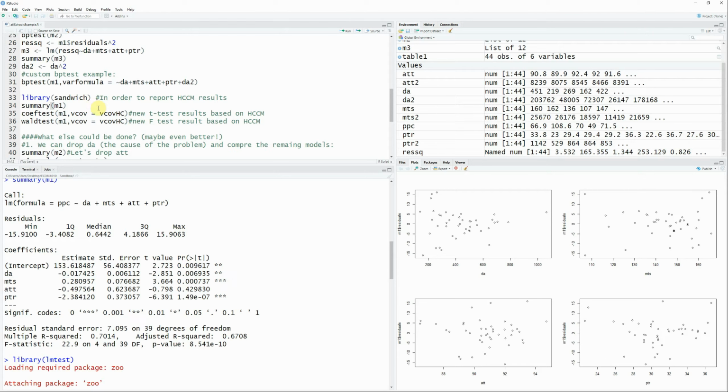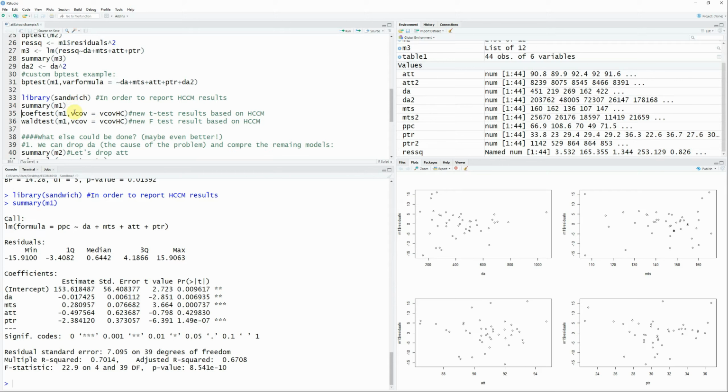So I'm going to first run the summary of M1, the original one, the one that is based on homoskedastic assumptions, and then using the HCCM matrix. This is the specification that we use. We call model 1, and then coeftest would give us the coefficients t-test results. So it will give us something similar to this part. So let's run it.